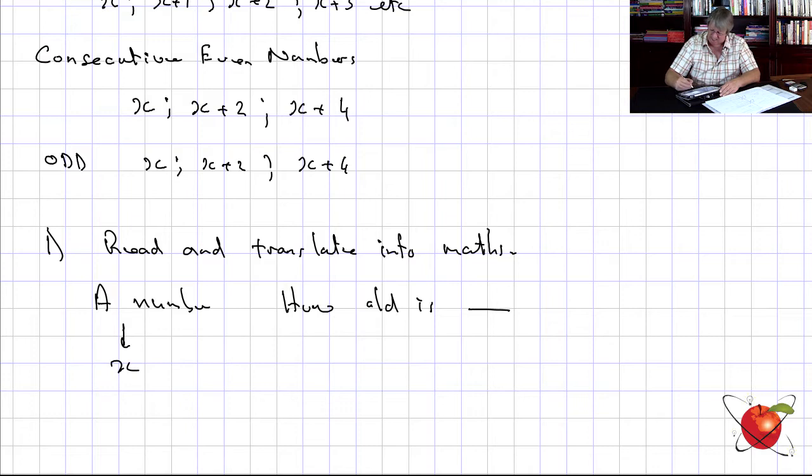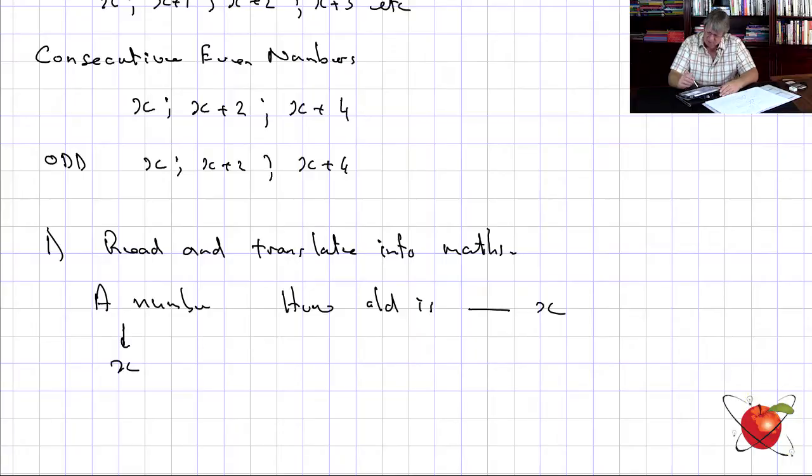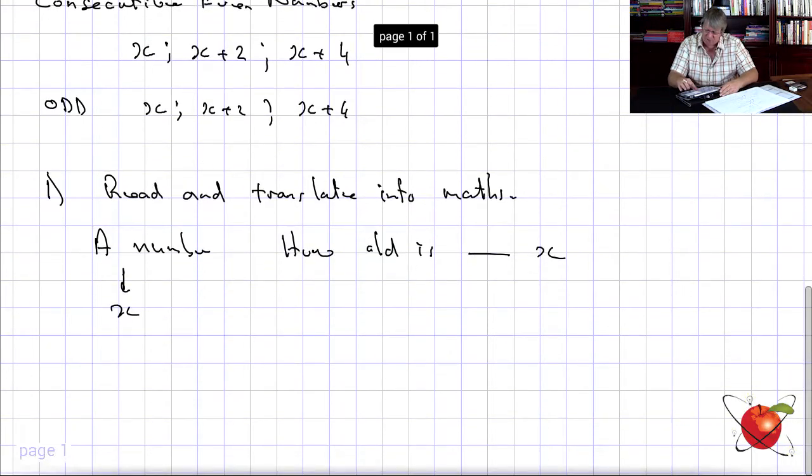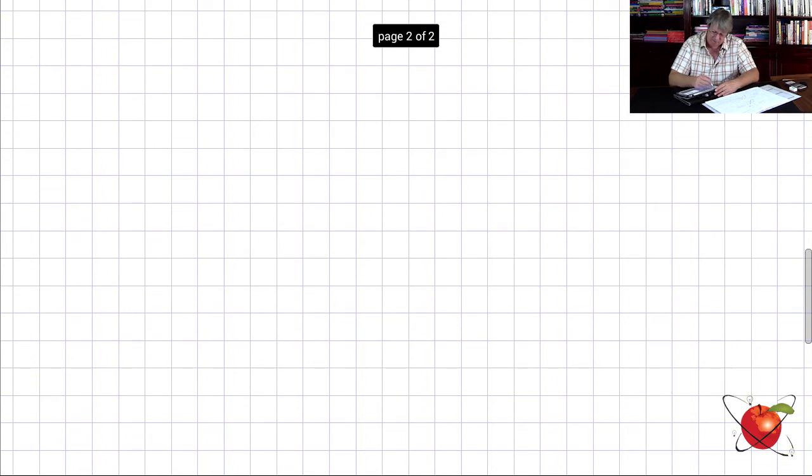This is X and that is X. When they ask how old is Jane, let's say, or how old is Peter, or a certain number is, that's the one you call X. That's the variable. That's what we're looking for because they're going to ask us what that value is, right? So read and translate into maths roughly first and then write the equations down. I would say to you, do this as soon as possible.